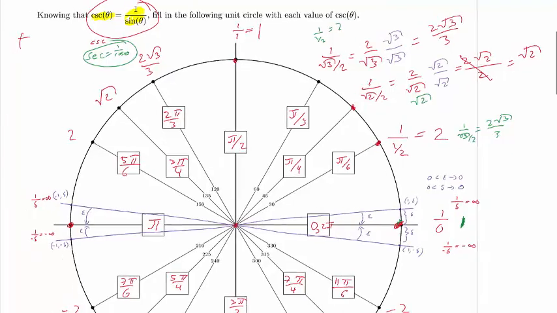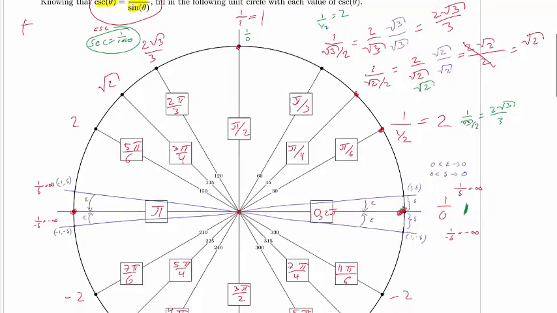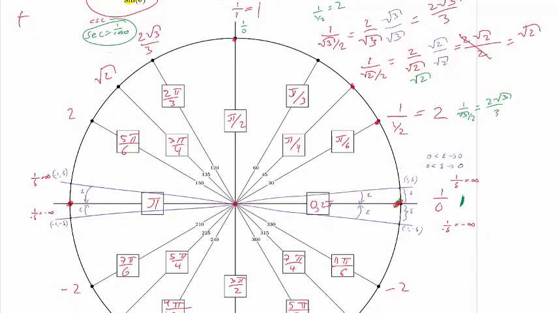Here the x value is 0. So this will end up being 1 over 0, which, as we know, is undefined. So we'll have to deal with that in a similar way as we did with the other asymptotes. Let's save that for after we get all the other values in. Note that over here, x values will be negative, so we'll be repeating what's going on in quadrant 1 over here, except they'll be negative values.